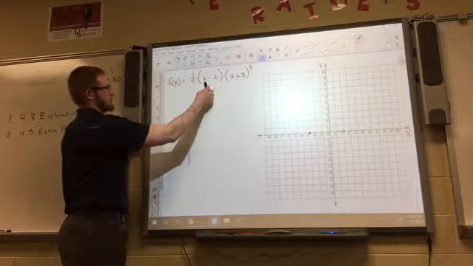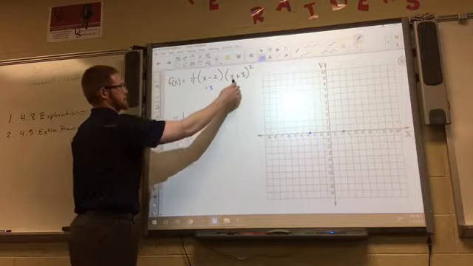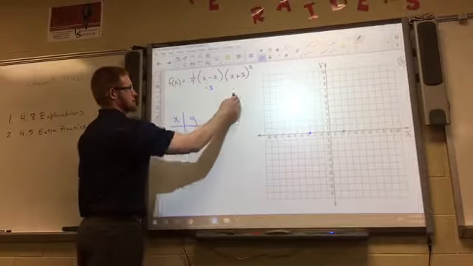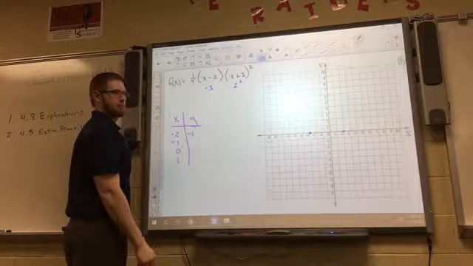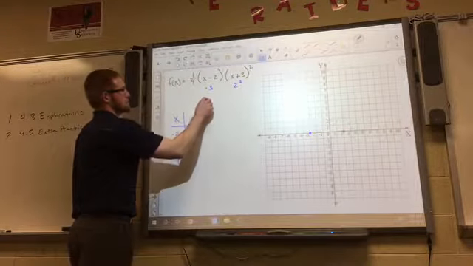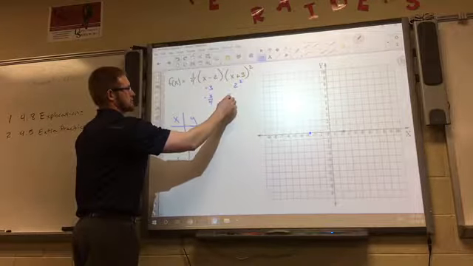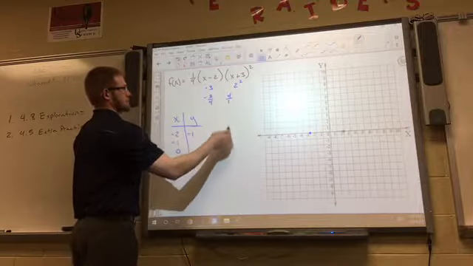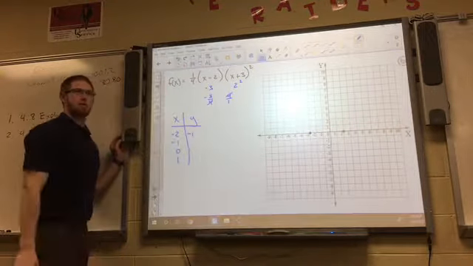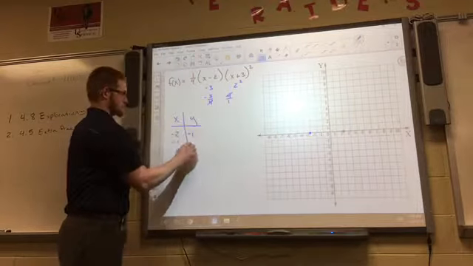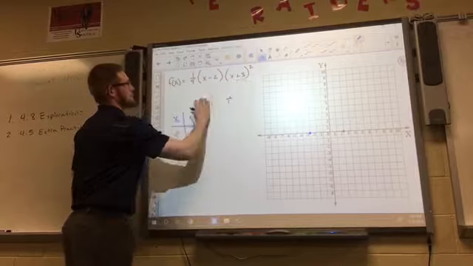Negative 1 minus 2, negative 3. Negative 1 plus 3, 2. 1/4 times negative 3. I'm going to leave it as a fraction. 2 squared is 4. Those can cross, right? So negative 3 over 1 is just negative 3.